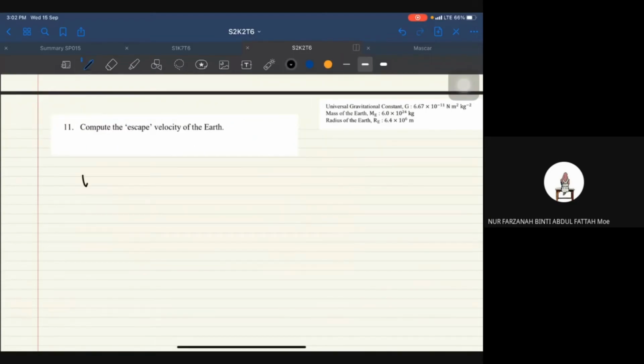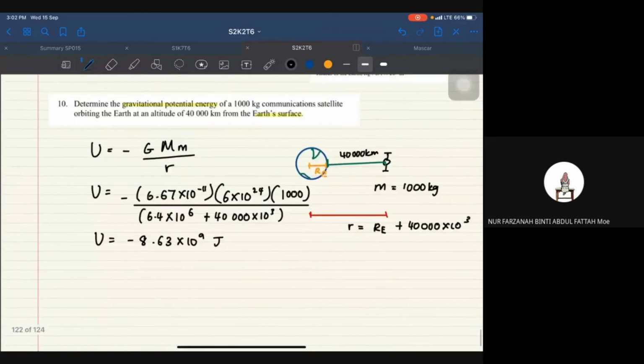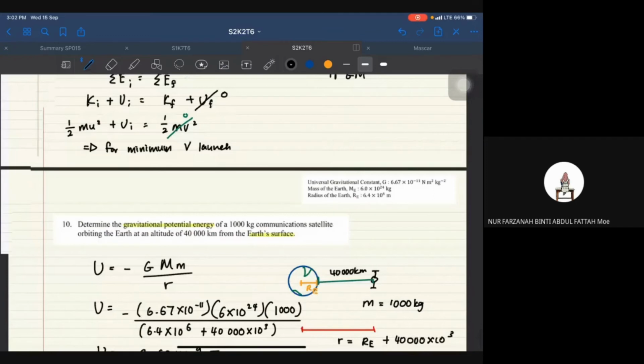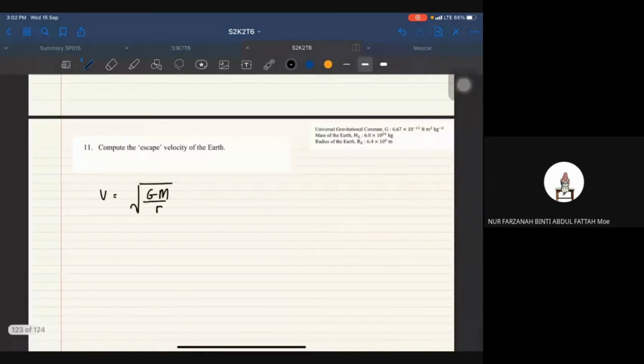You can use V equals to square root of Gm over R. Sekejap saya check betul tak? 2Gm over R dengan 2Gr. Okay, dia pakai capital R bawah.